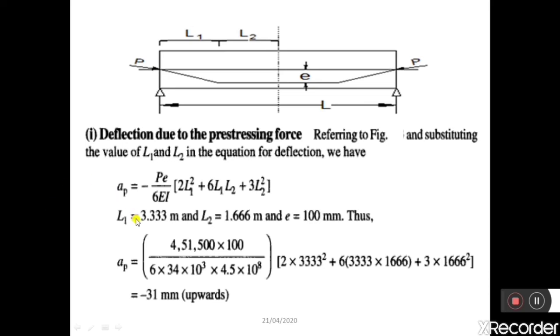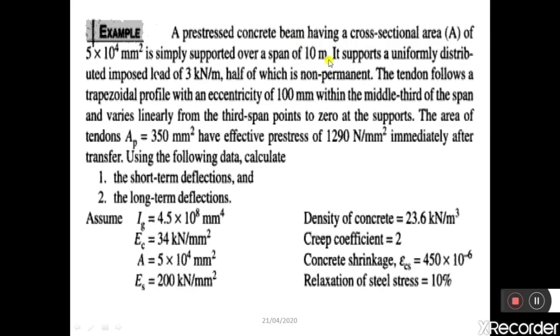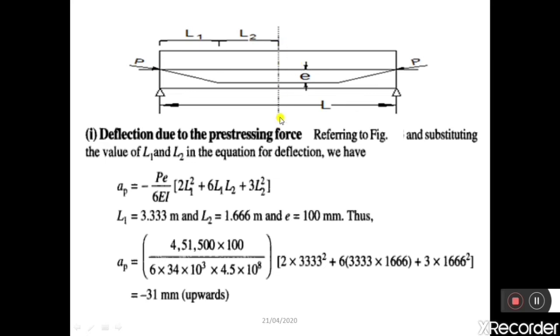Therefore L1 is equal to 3.33 meter. The span of the beam is given as 10 meter, so mid span is 5 meter. In that 5 meter, L1 is 3.33, that is L by 3, because the cable has changed its direction at a distance of one third from the support. So L1 is 3.33 and L2 is 5 minus 3.33. Therefore L2 is equal to 1.66 meter, and eccentricity e is equal to 100 mm.